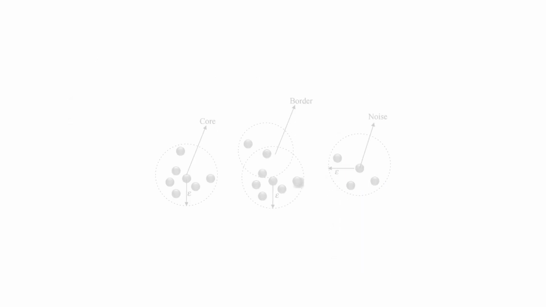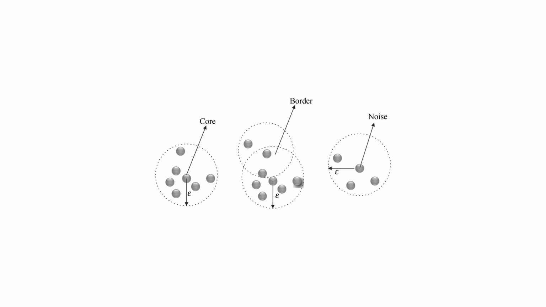All of these algorithms are based on the basic concept of density, and DBScan in particular sees density as the number of points within a given circle around a certain location. And it uses density to identify if a given data point is a core point, a noise point, or a border point.